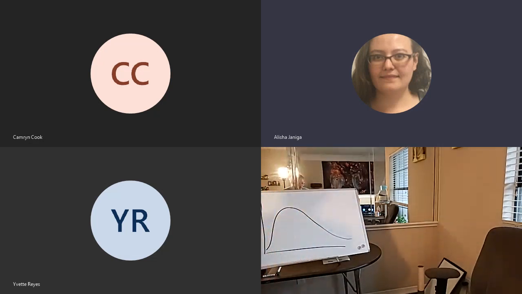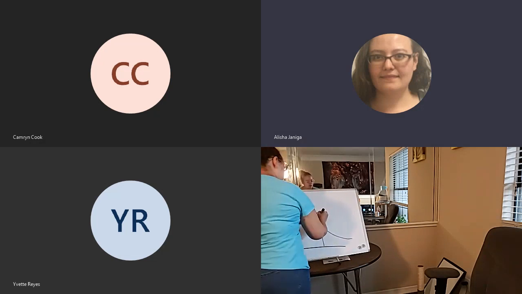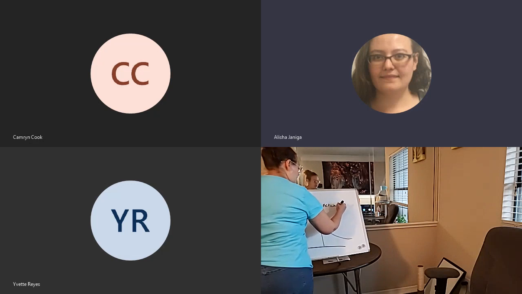So for our Boltzmann curve, the height of the line really isn't important. What's important is this area under the curve. And what's even more important is when we have a line right here, and that line's usually going to be labeled EA, or activation energy.